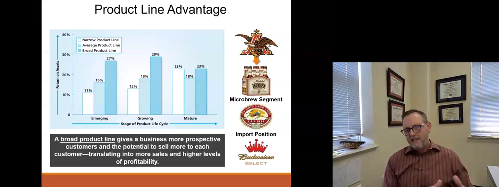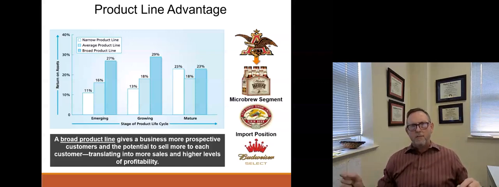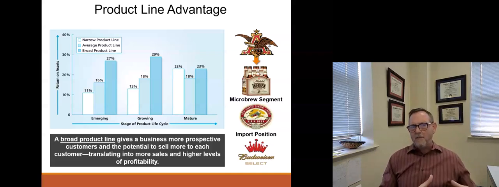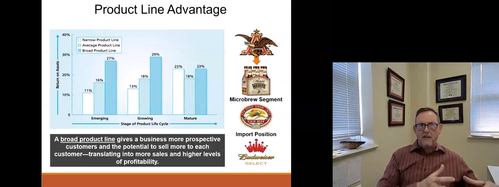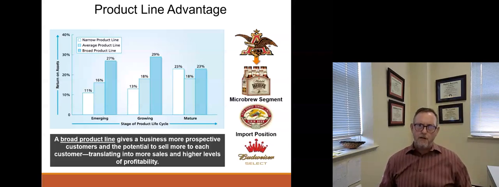This just re-emphasizes that idea. In this case, there are three different stages displayed, presumably of the product life cycle: early, middle, and late stages. Just imagine that, and think about a company that has a narrow product line versus a broad product line. This is very efficient early on. Later in the product life cycle, a lot of times companies start deleting products within a line and they become more efficient when they do that.